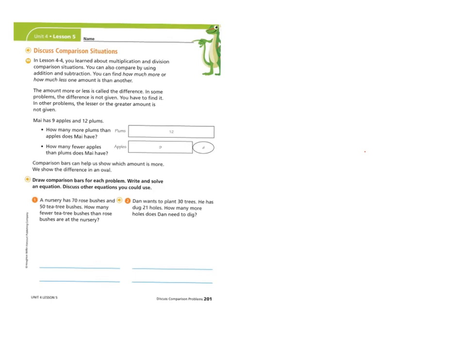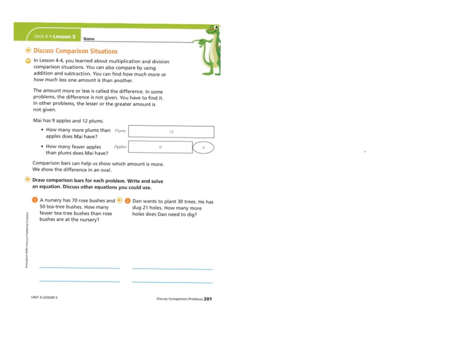All right, so let's read through page 201 together. So yesterday we did comparison bars with multiplication and division. Today we're going to be discussing comparison situations using subtraction and addition. So here we go. In lesson 4.4, you learned about multiplication and division comparison situations.